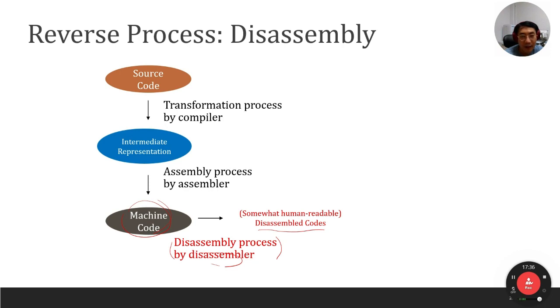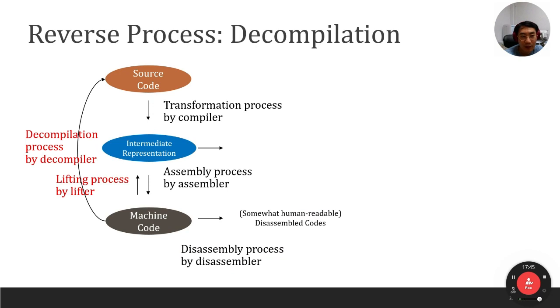Can we go back to the source code from the machine code? The answer is partially yes. Going back to the source code from the machine instructions is called decompilation, and this can be done by a decompiler, but it is a really hard process, and it requires a lot of processing.